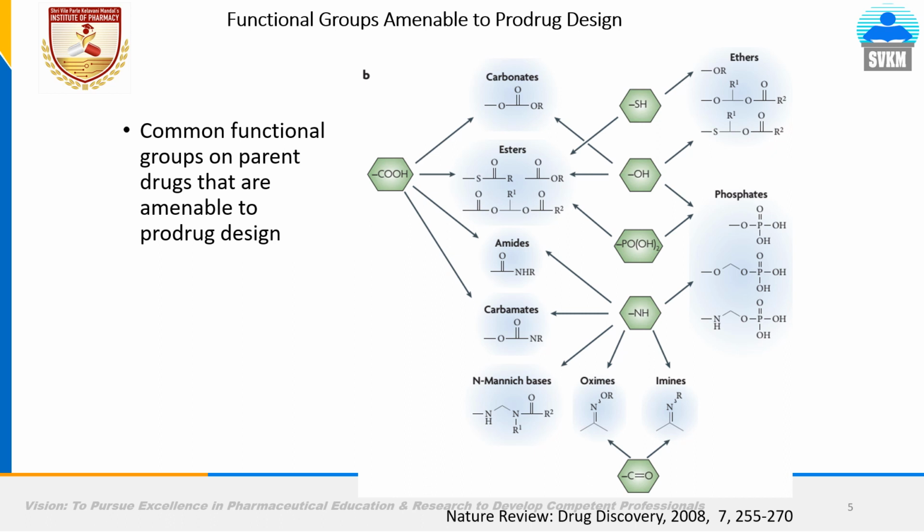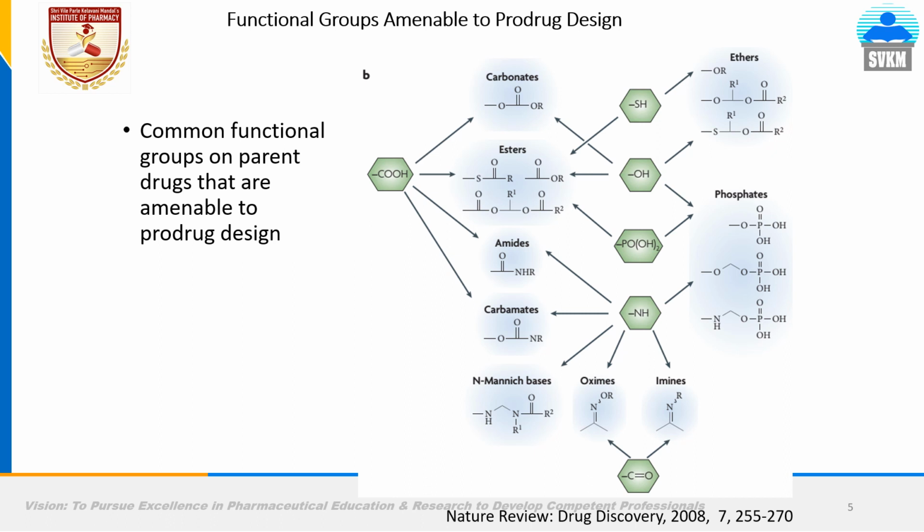The C=O OH group has some lipophilicity, but compared to it, the other groups are more lipophilic, not hydrophilic. So we have to see the challenge associated with the parent drug, and according to that we change the functional group.